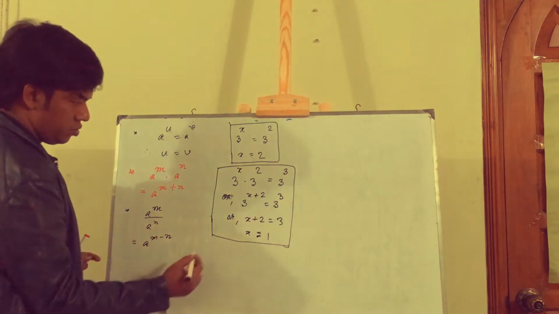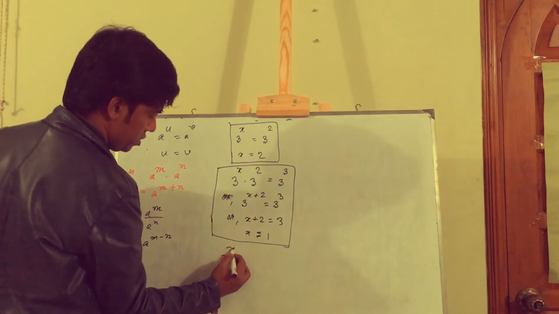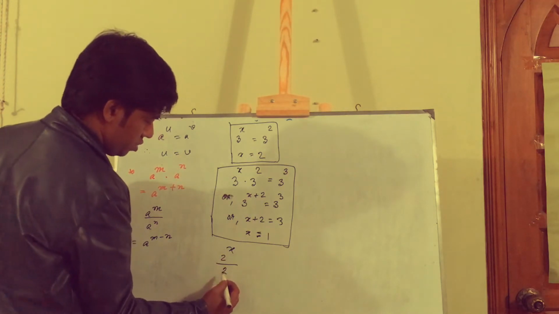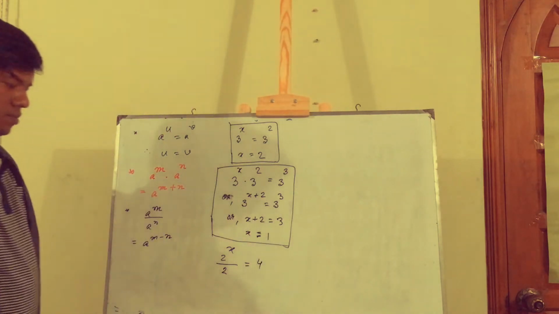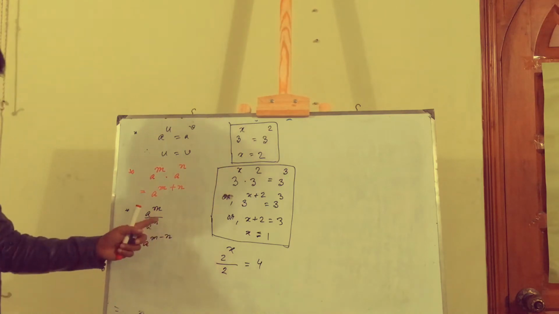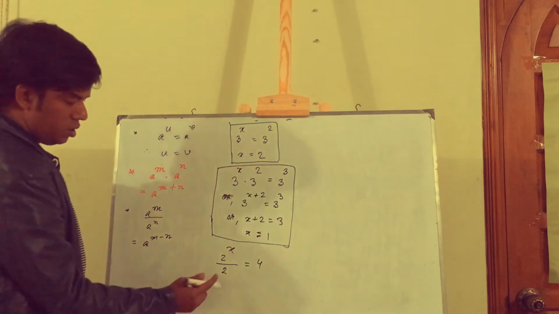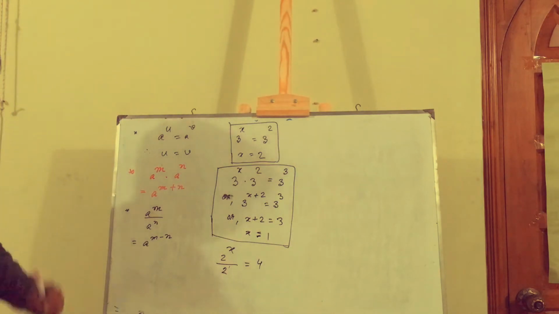You can also write something like 2 to the power x divided by 2 equals 4. This is kind of tricky. How can I solve this? This example is from this theory. When it is 2, we have a 1 right above 2.